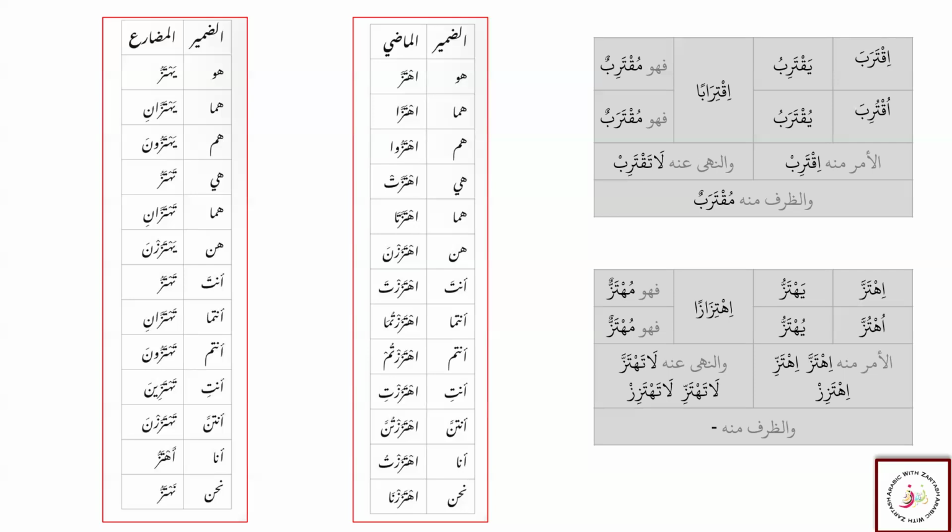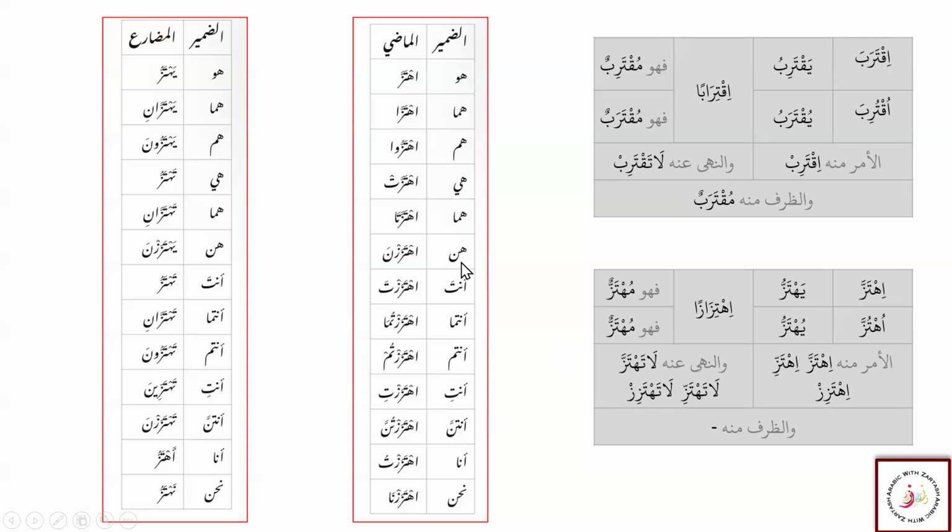Huwa yahtazzu, huma yahtazzani, hum yahtazzuna, hiya tahtazzu, huma tahtazzani, hunna yahtazizna. Then we have anta tahtazzu, antuma tahtazzani, antum tahtazzuna, anti tahtazzina. Again, you can see here, anti tahtazzina. Then we change it for antunna: tahtazizna. Ana ahtazzu, nahnu nahtazzu. So the changes you can see are for hunna and antunna: yahtazizna, antunna tahtazizna.